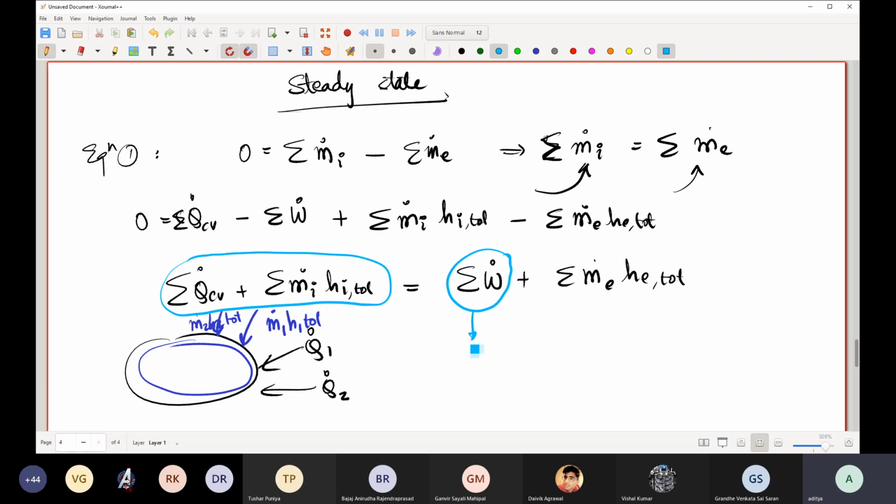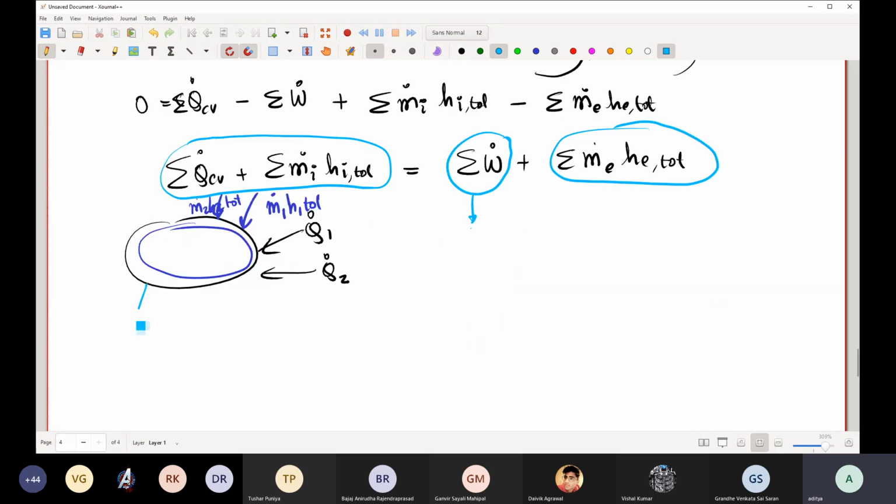With this, you can do works and you are also losing fluxes through the enthalpy at the exits. If these are not there, you will not be able to do work and you will not be able to extract some enthalpy out of the system. These are the inputs. These are the outputs.